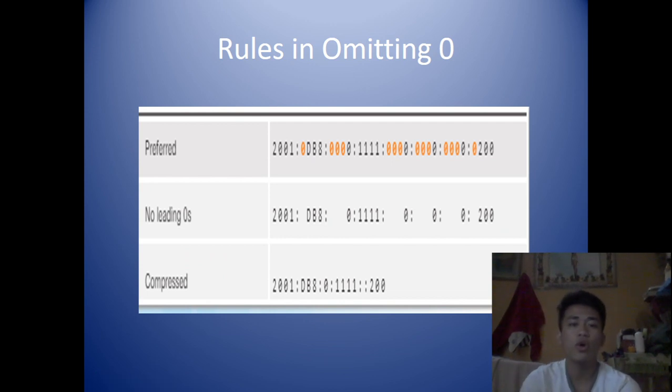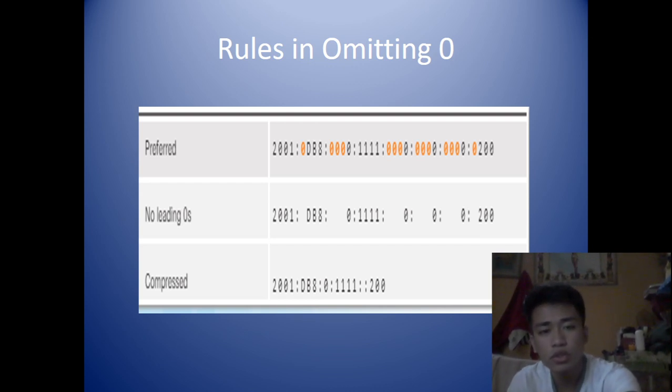Rules for omitting zeros: here we just remove the leading zeros in front of each number. As you can see here, 2001, then 0db8, so it should be db8.